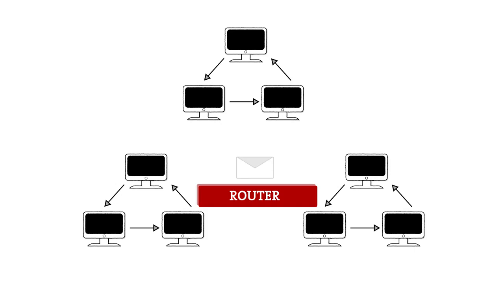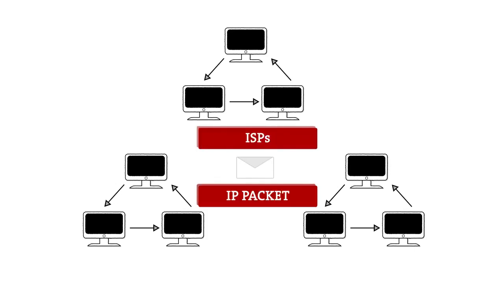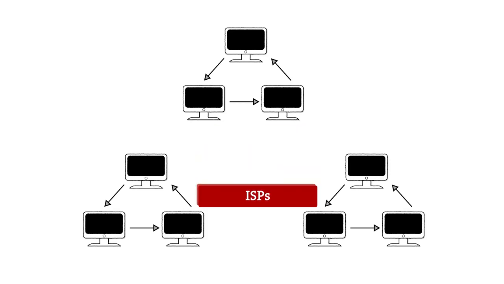All it can do is put my IP packet into another packet, this time using my ISP's protocol. That is how the internet works. There is a message sent using Internet Protocol, but to be carried across actual network, this message needs to be wrapped up in envelopes or packets that use the protocols of each specific network.